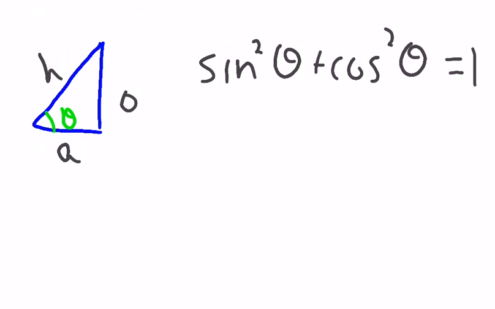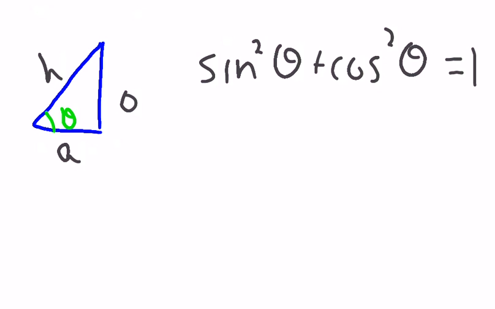And what we're trying to do is use this diagram and this Pythagorean identity to turn it into what we would know as the Pythagorean theorem. So what we do is we replace the sine and cosine with the trig functions and their ratios based on the diagram.